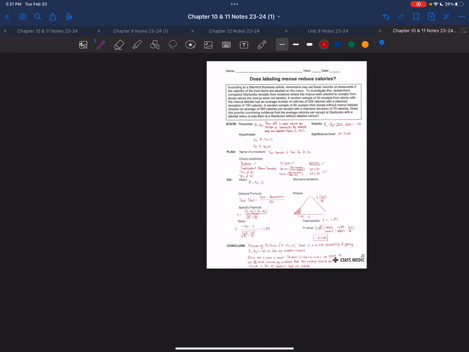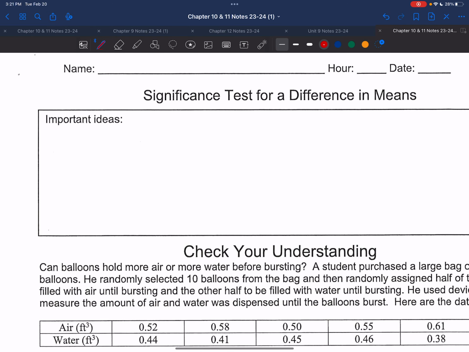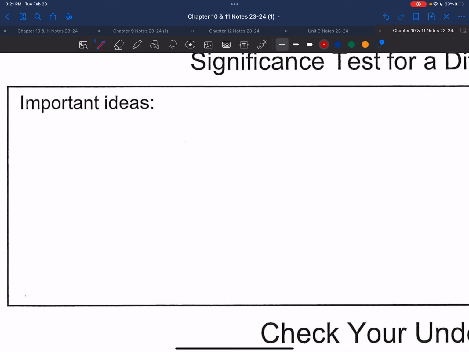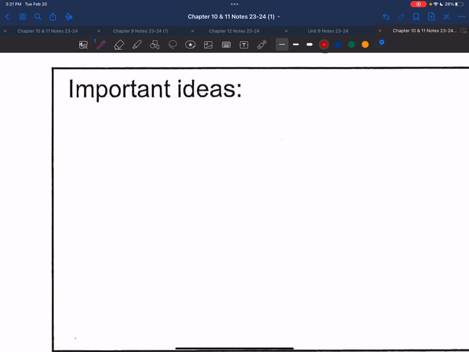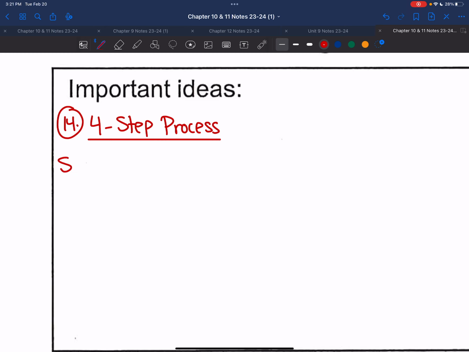Okay. All right. So, important ideas from this would be the 4-step process. If you were writing a 4-step process for the difference in means, this is bullet point number 14, by the way. All right. So, in the state section, you need to show me the biggest thing is mu sub 1 minus mu sub 2.